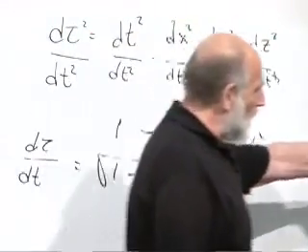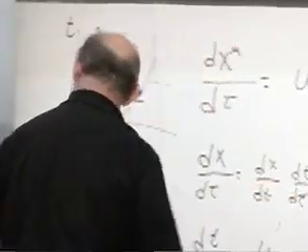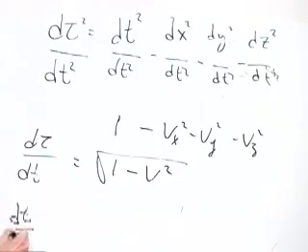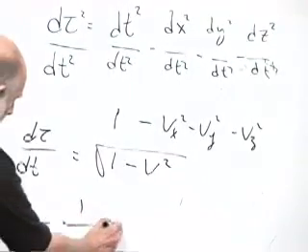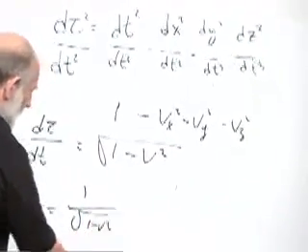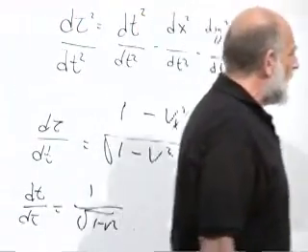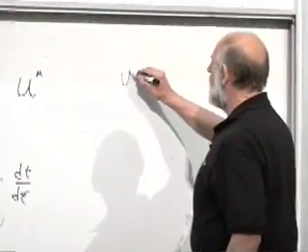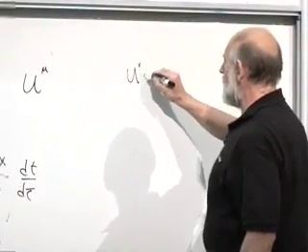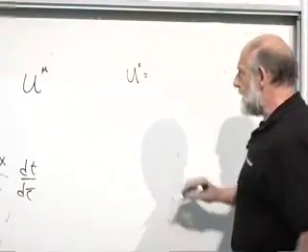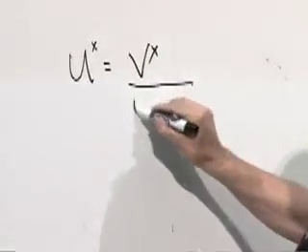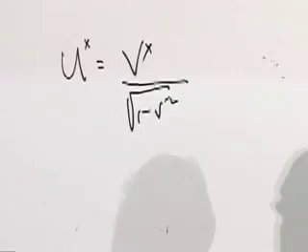That's great, because I now know what dt by d tau is. It's just 1 over this. So dt by d tau is equal to 1 divided by square root of 1 minus v squared. That tells us, let's write down the equations now. Ux is equal to dx by dt, that's vx, times dt by d tau, that's 1 over square root of 1 minus v squared.